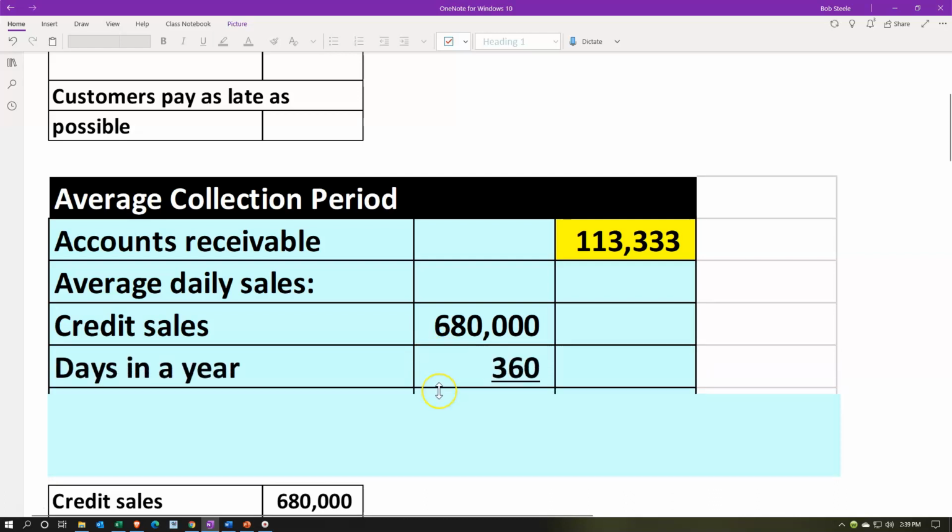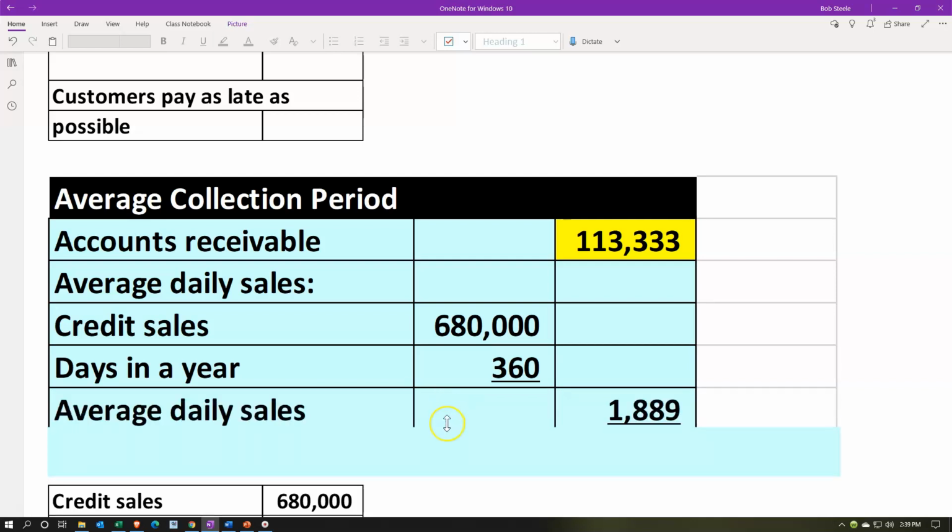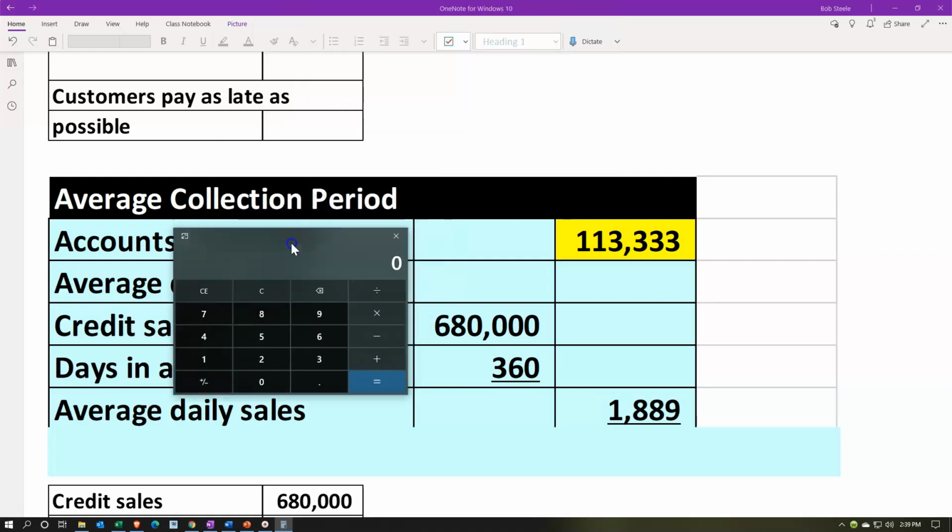And then we're going to divide that by the 360 days, the number of days in a year, which is closer to 365. But we're going to assume nice even months of 30-day months. So 30 days times 12 would give us that 360. And that'll give us about $1,889. So let's do that in the calculator just so we can see the rounding related to it.